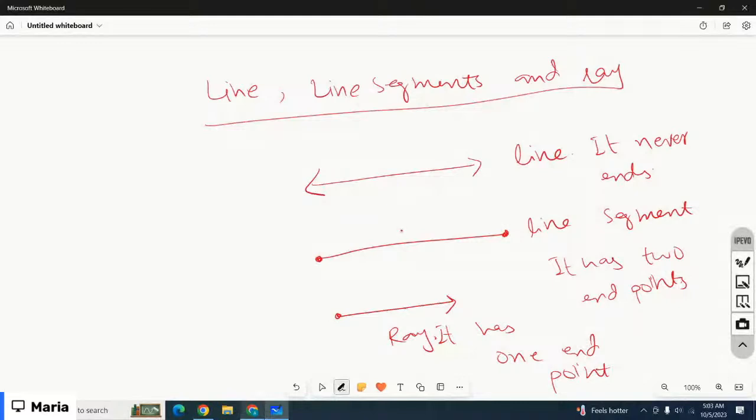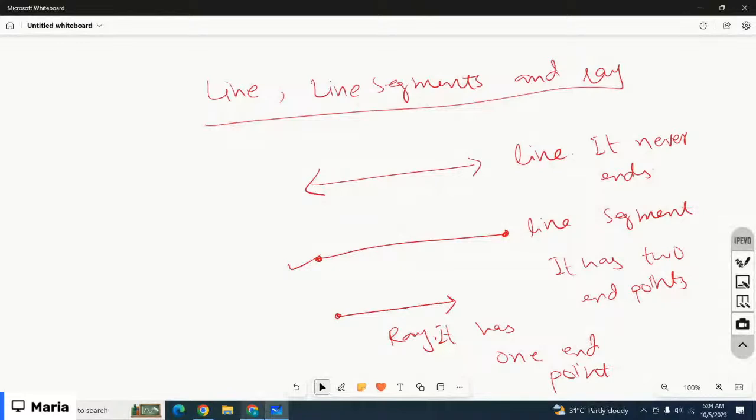This is the line, it never ends, and on both ends it has arrows. Then the line segment looks like this and it has two endpoints. Then a ray has only one endpoint. That's all for line segments and rays.